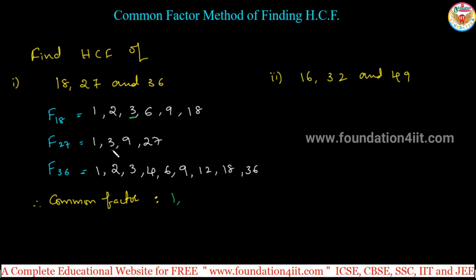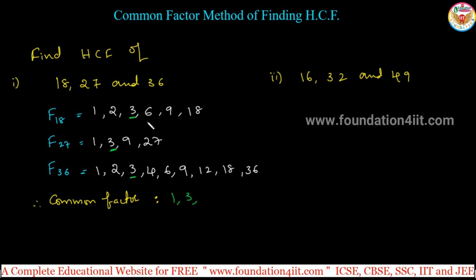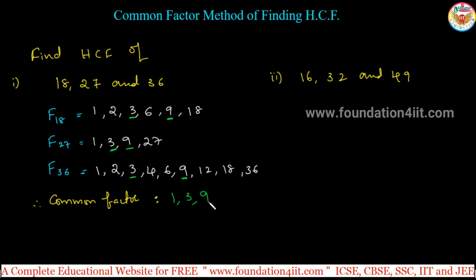Next 3 is here, 3, 3, so 3 you can write. Next 6 is there, but not in 27. All three numbers should have it in common. Next 9 is here, 9 is there, 9. No other number. So only 1, 3, 9 are the common factors.